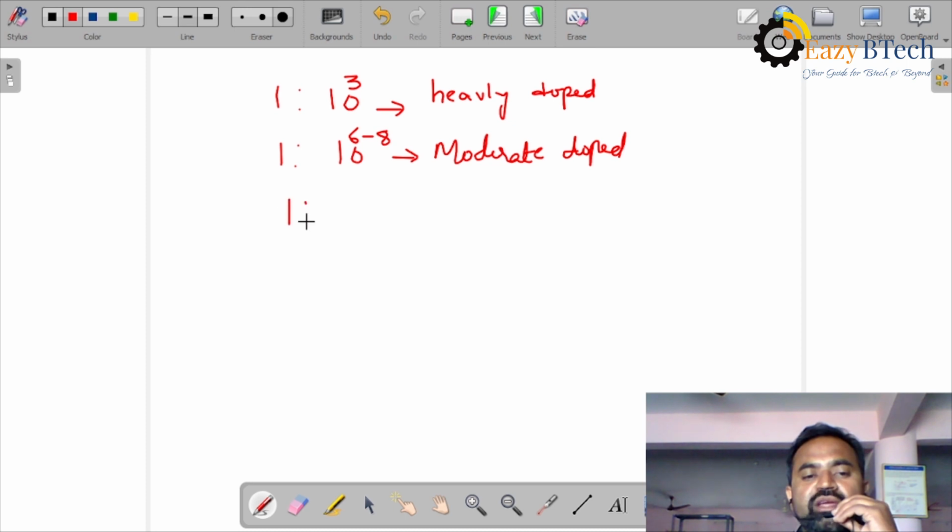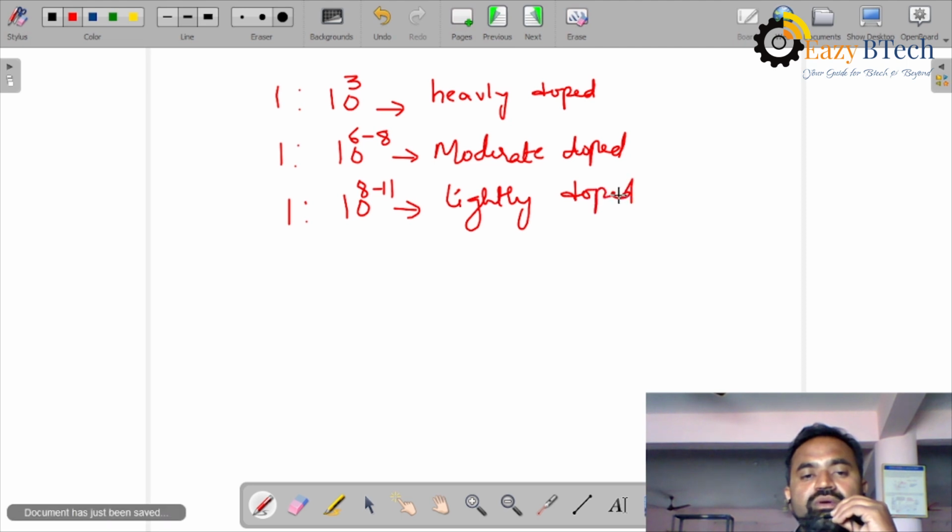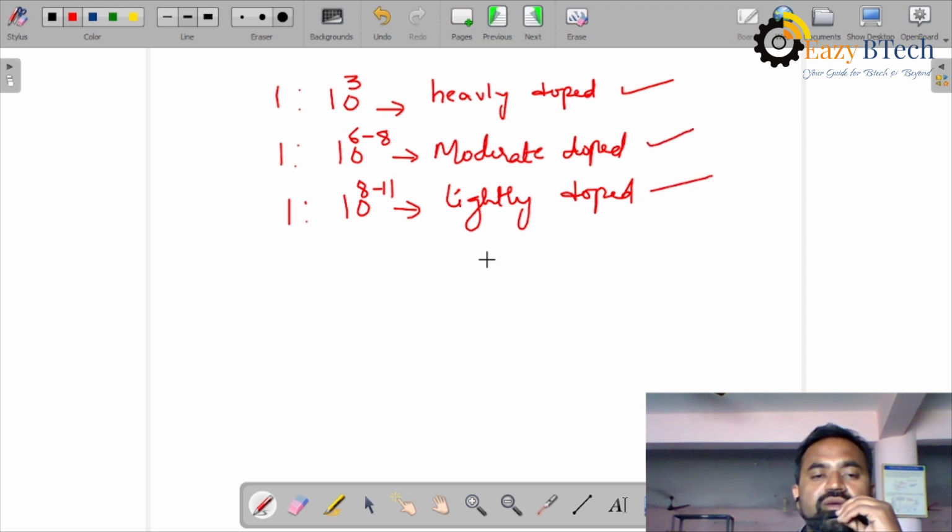One impurity for 10 power 8 to 11 is known as lightly doped. Heavily doped, moderately doped, lightly doped.